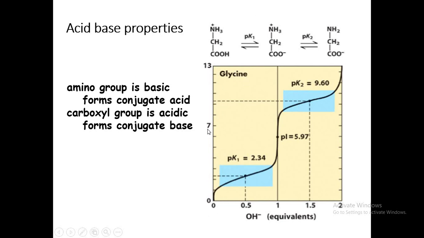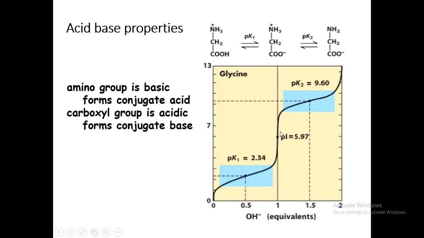Then when the pH goes towards neutral pH, the amino acid completely loses that proton, and we would find the dipolar ion, that is the zwitterion, in solution at neutral pH.